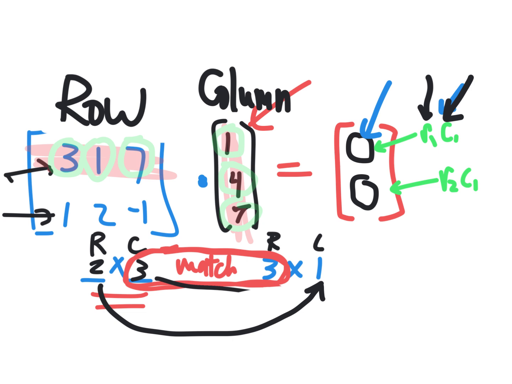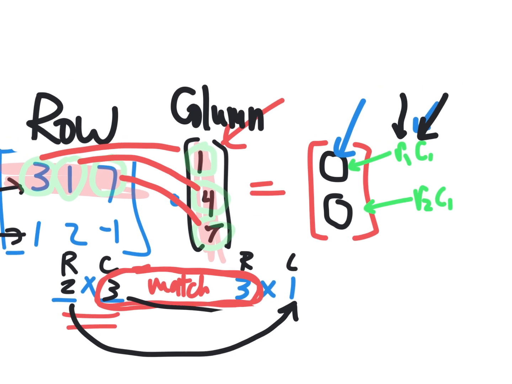See how that kind of makes sense? Like sort of instinctually you would, I hope, know to multiply the 3 times the 1, the 1 times the 4, and the 7 times the 7. All right, so 3 times 1 is 3. 1 times 4 is 4. So that's a total of 7 so far. And then 7 times 7 is 49. And so I'll write it out for you over here.